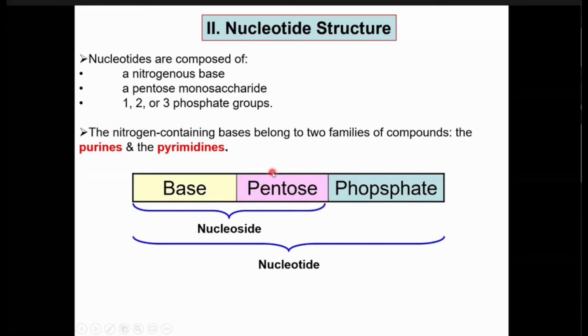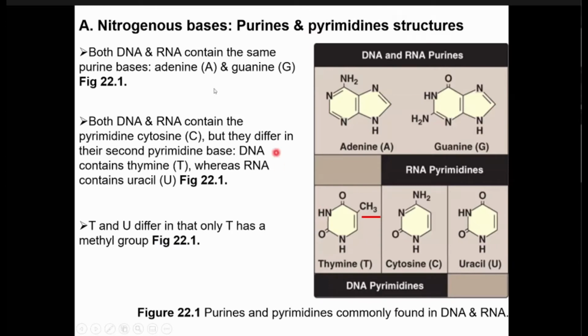So as far as the base is concerned, you have two families of compounds, purines and pyrimidines. You have two types of base, purines and pyrimidines. So the purines, if you look at this slide and this table, you have DNA and RNA purines, and here you have DNA and RNA pyrimidines.